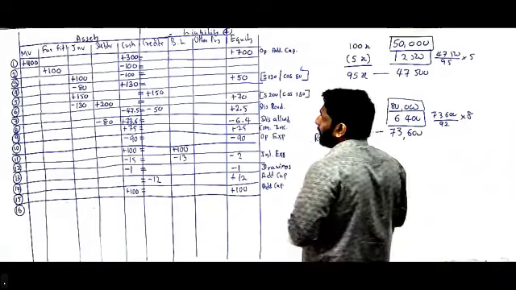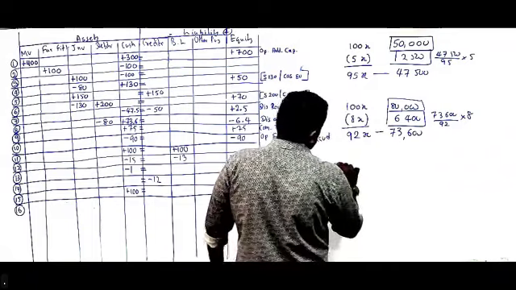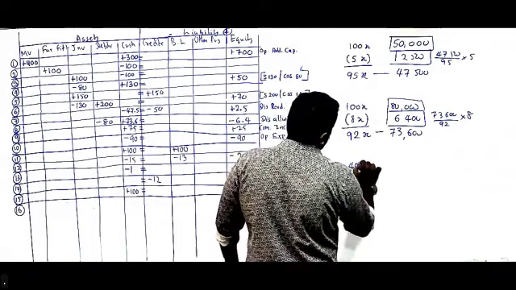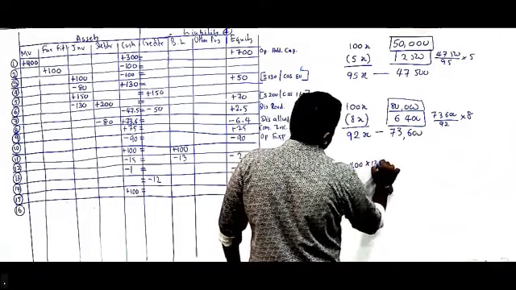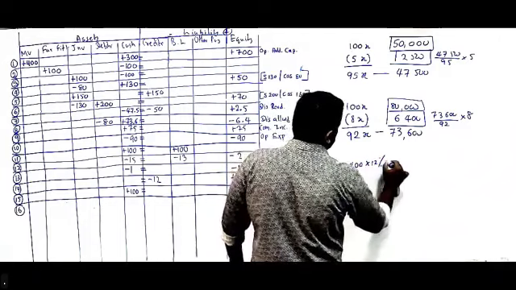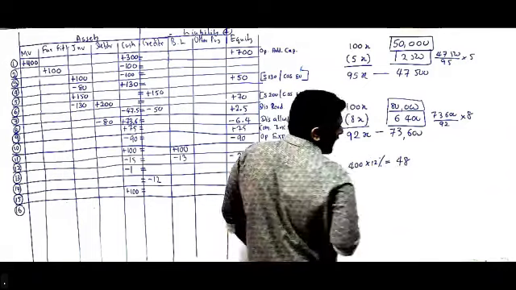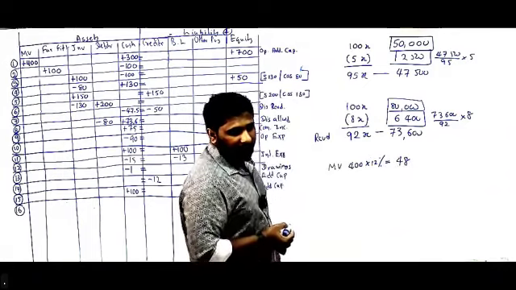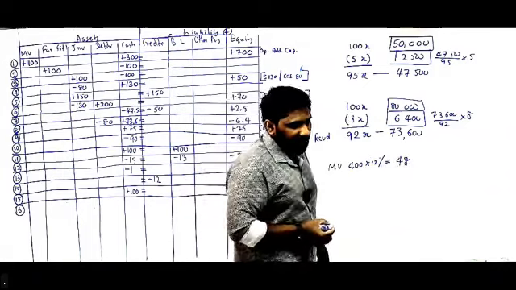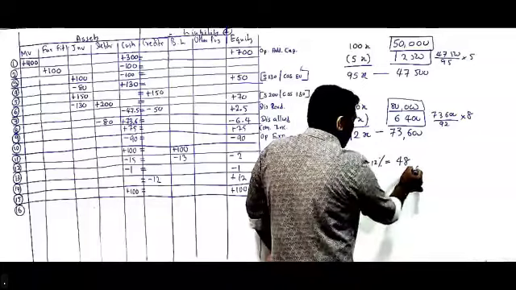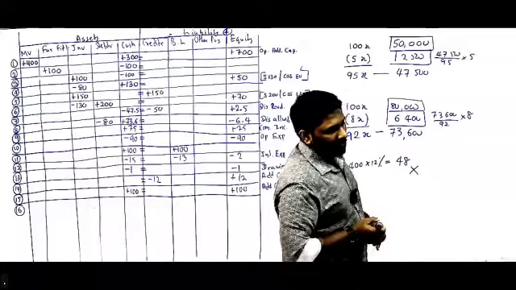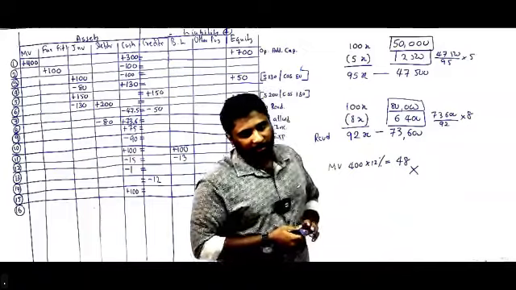So take your calculators. Let's do it for motor vehicles. 400,000, 12%. What's the value that you are getting? 48,000. Correct? If you write 48,000, wrong.